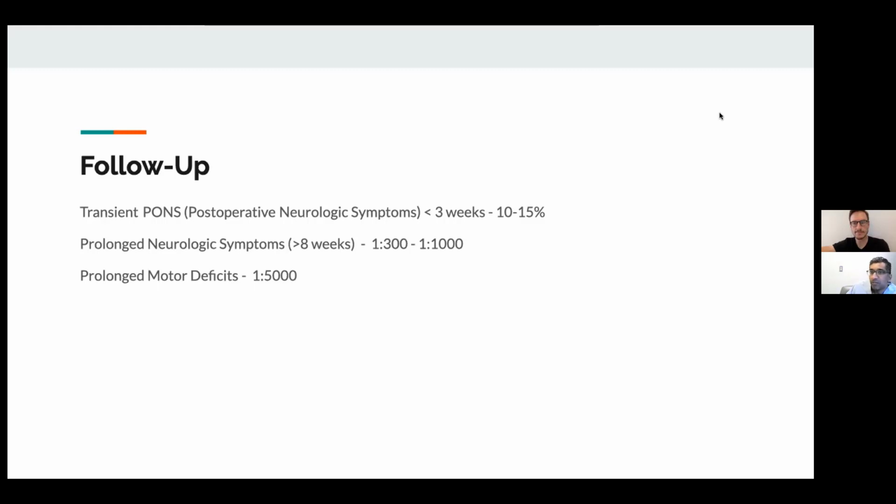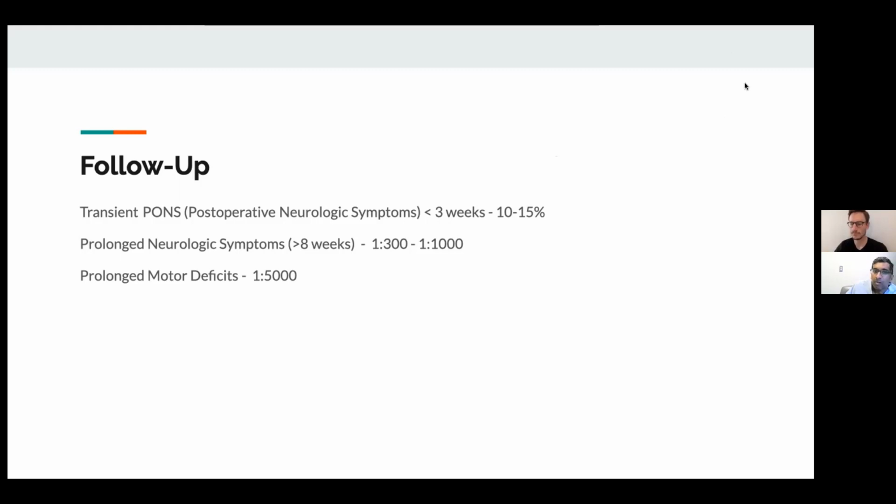And some studies have quoted incidences of 5 to 10% in terms of neurologic symptoms and 1 to 2% in terms of nerve injury. In terms of the prolonged neurologic symptoms, that's much rarer, 1 in 300, and really over the last couple of years, I would say 1 in 1,000.